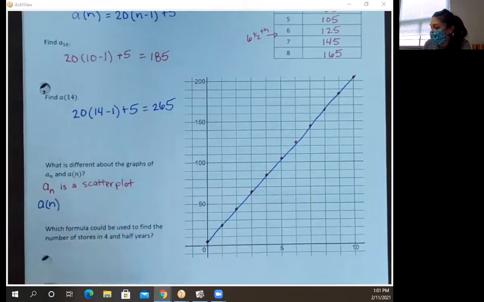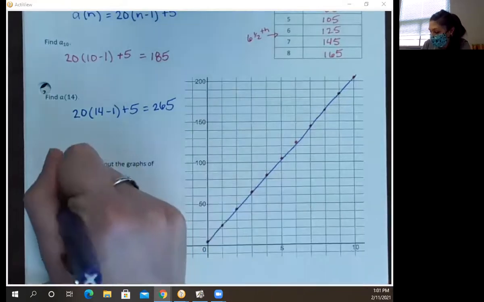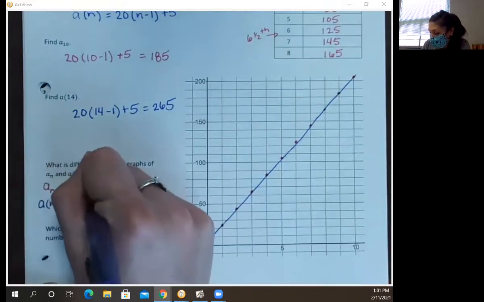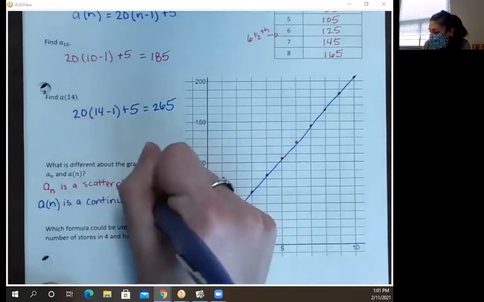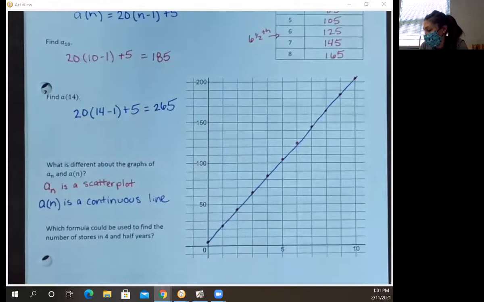So my function graph here in purple is a continuous line. Because it's a linear function, I get a continuous line here.